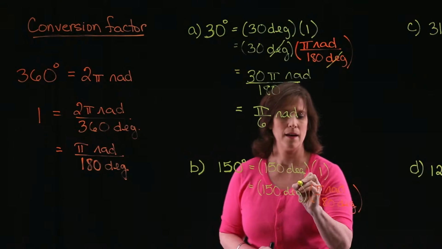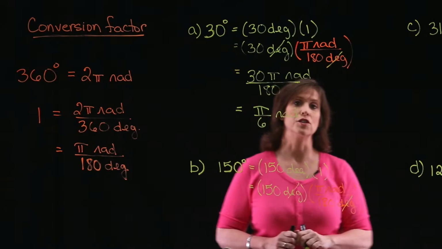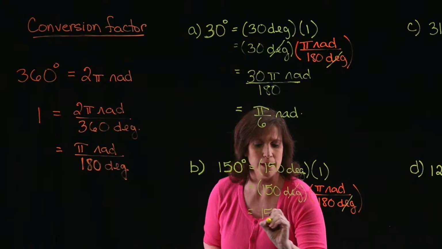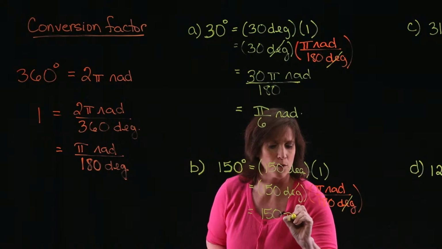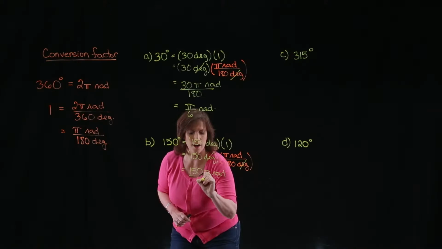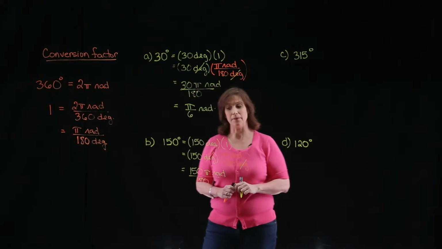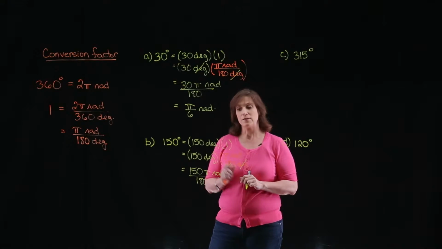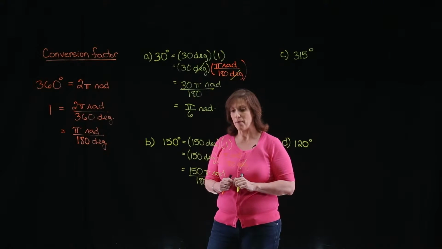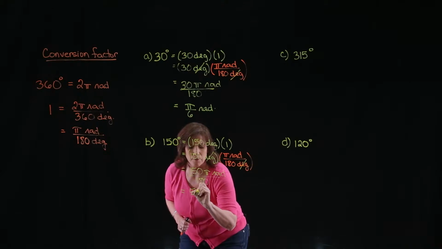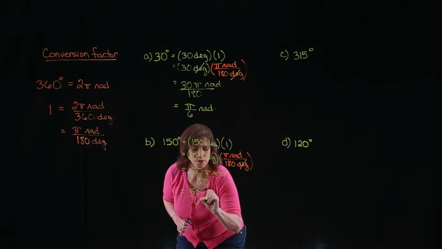Once again, the units that are degrees cancel, and I'm left with 150 times pi radians all over 180. Again, if you look at this fraction, 30 divides evenly into both the top and the bottom, and we end up with 5 pi over 6 radians.